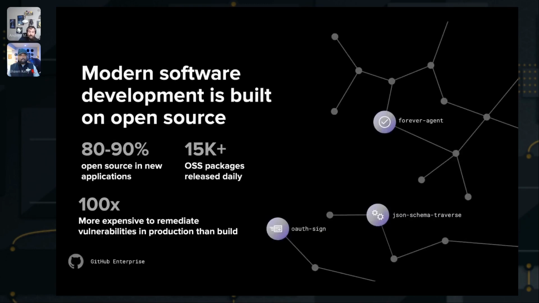And that really ties into modern software development: to enable these organizations to shift and adopt software development and hire the talent they need, you've got to acknowledge that 80-90% of these applications, as we know, are built on open source. These are the typical statistics that Shawn and I talk about with our customers on a day-in-day-out basis.